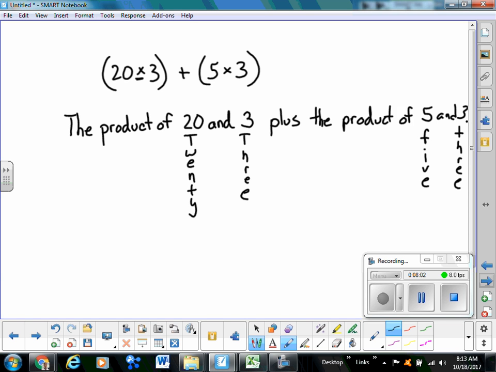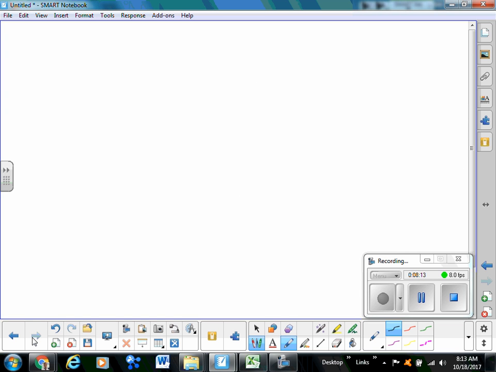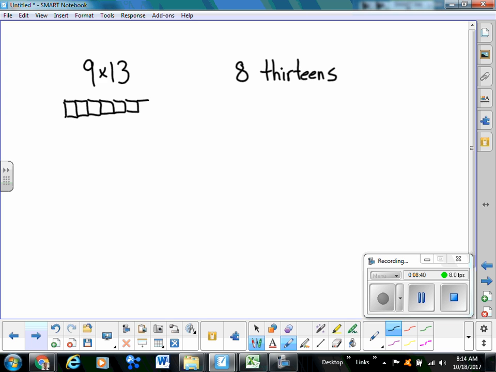Okay? Next one. We're going to do the comparison of a couple different problems. So what we want to do now is compare all three. For example, on the first one, we want to compare 9 times 13 and 8 13s. This one here, 9 13s: 1, 2, 3, 4, 5, 6, 7, 8, 9, and a 13 in each one.